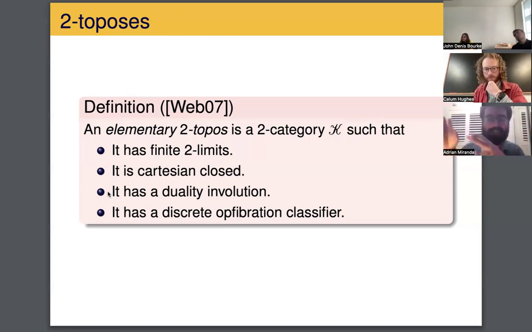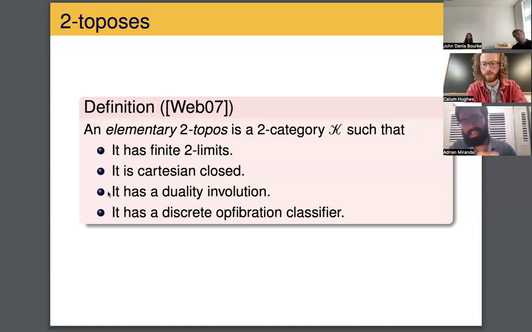If you want them to actually be elementary toposes, it doesn't seem like they have a nice duality involution. I think a PhD student of Nicola's, Luca Massetti, was talking to me about this earlier. So it might be that certain things we want to call elementary two-toposes have these nice duality involutions and others don't. So that one is less obviously needed.